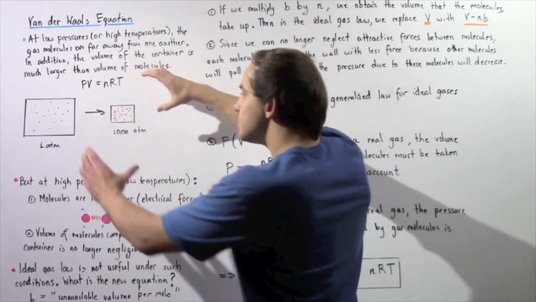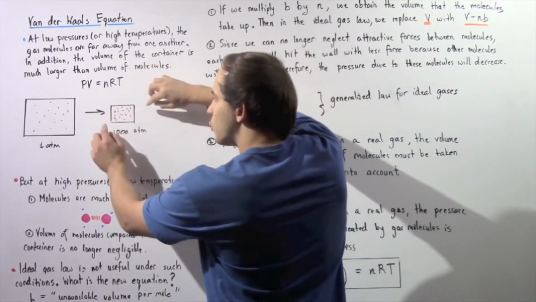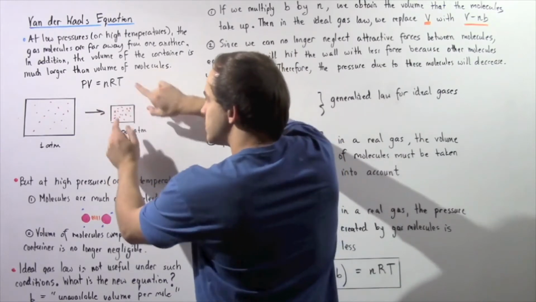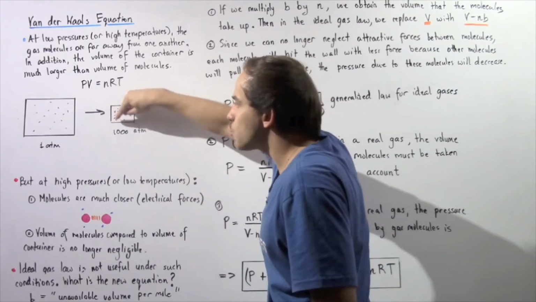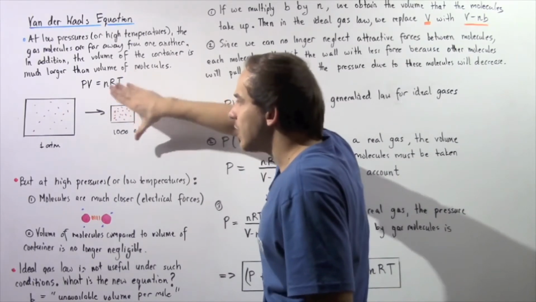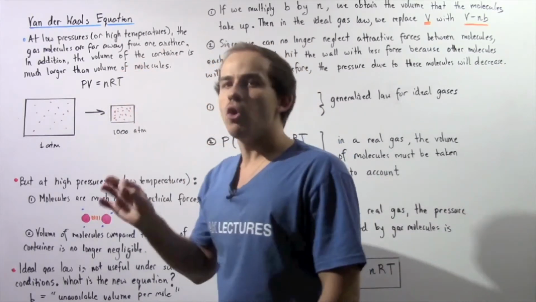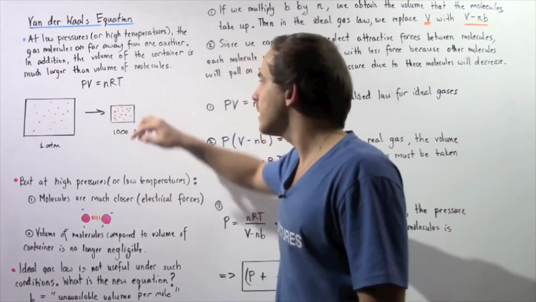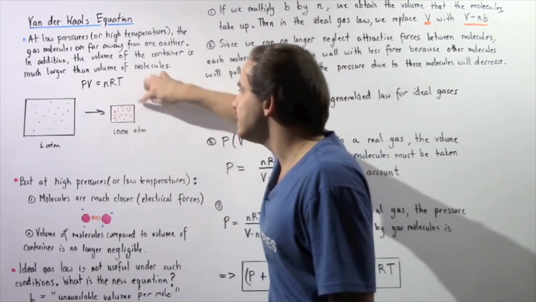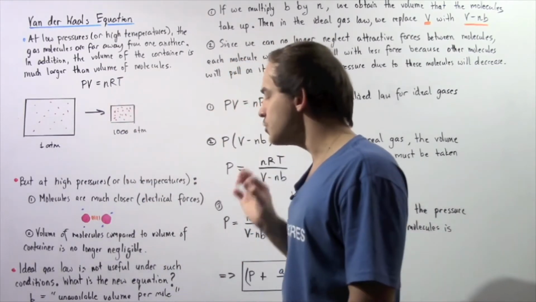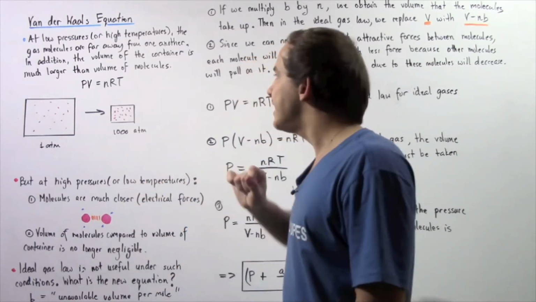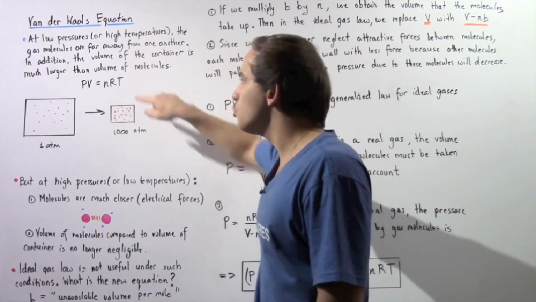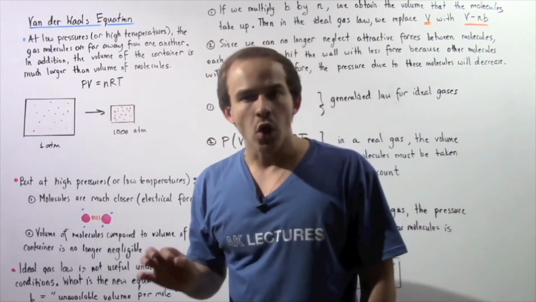When the pressure is increased, the volume decreases, and the volume that these red molecules take up is no longer negligible compared to the volume of the entire container. Because of these two deviations, we can no longer use the ideal gas law.